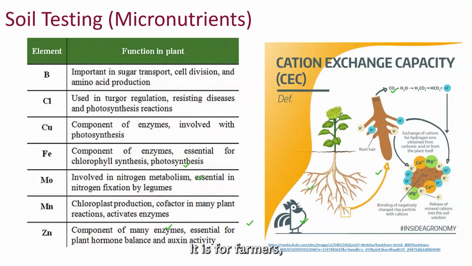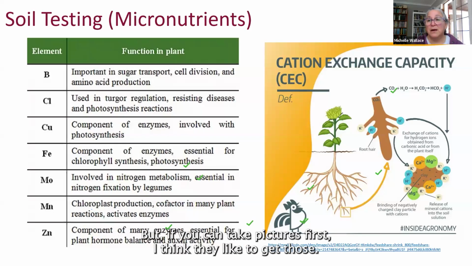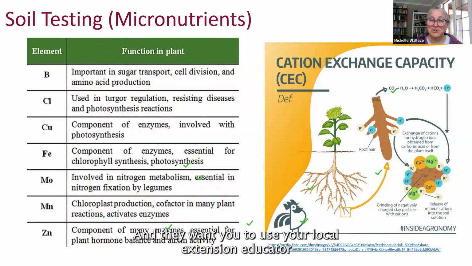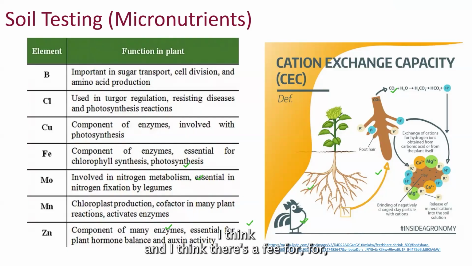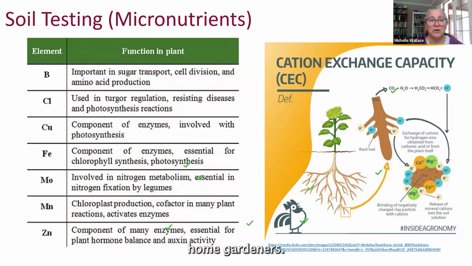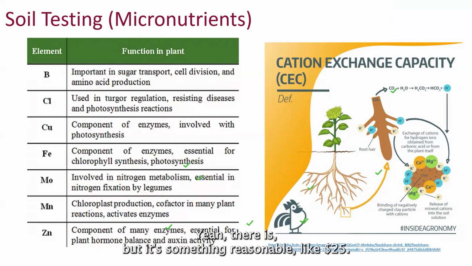It is free for farmers, but if you can take pictures first, they want you to use your local extension educator to first help you figure out the problem. I think there is a fee for home gardeners. Yes, there is, but it's something reasonable, like $25.